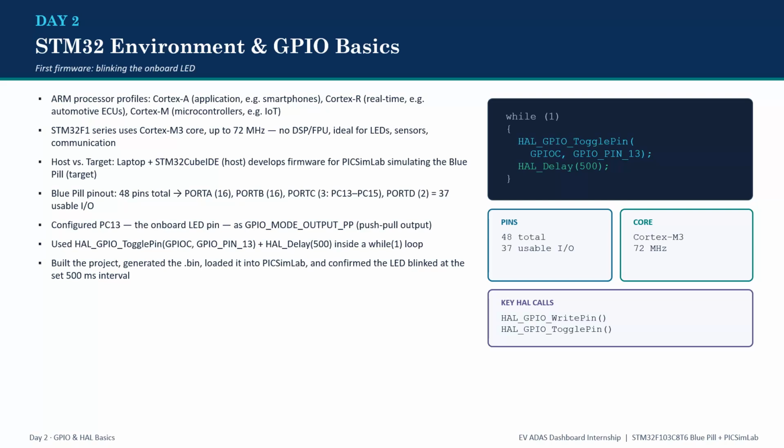The STM32 F1 series specifically uses a Cortex-M3 core running up to 72 MHz without a DSP or floating point unit, which makes it ideal for LEDs, sensors, and communication tasks. Exactly what this project needs.